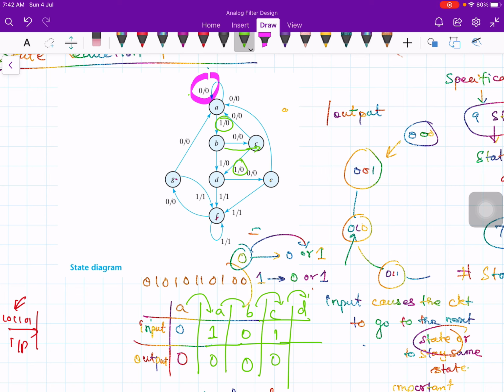If you continue this process, we find the complete sequences. In each column we have a present state, the top one is the present state, then the input value and output value.